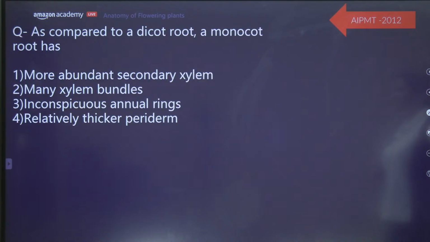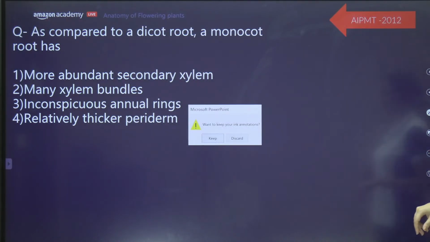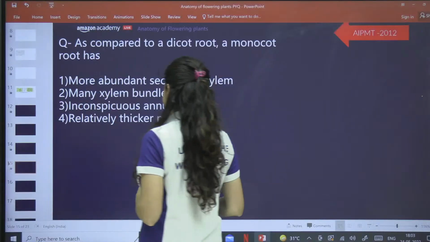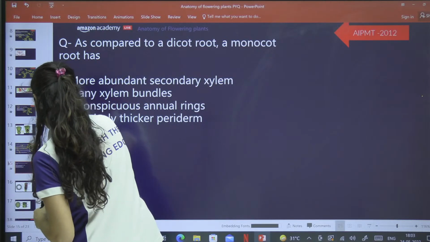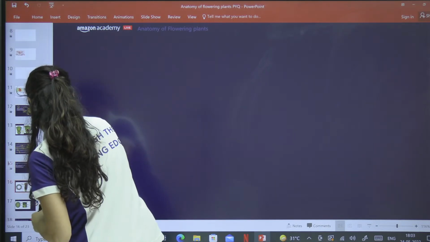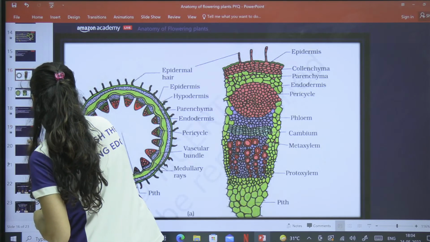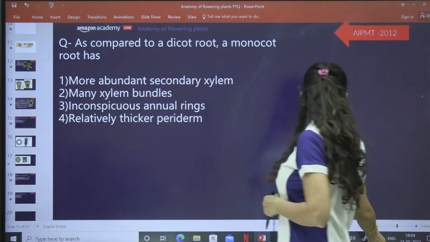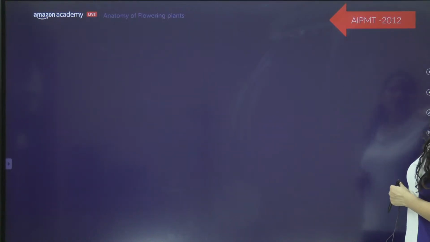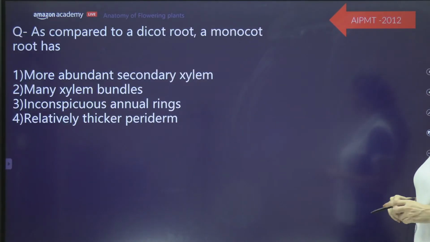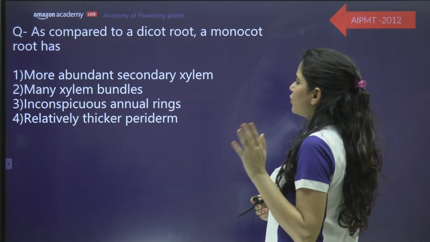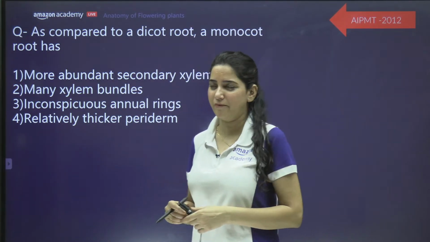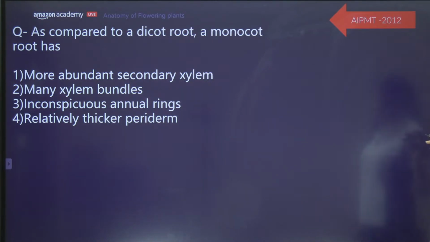Okay. Next question on your screen. As compared to a dicot fruit, a monocot fruit has. Can you tell me? Yes, everybody. Can you think of an answer? As compared to a dicot fruit, the monocot fruit has. What does a monocot fruit have? अभी आपने picture diagram देखी बेटा.